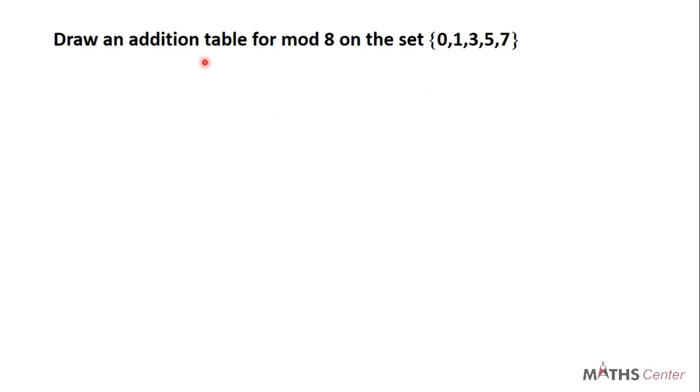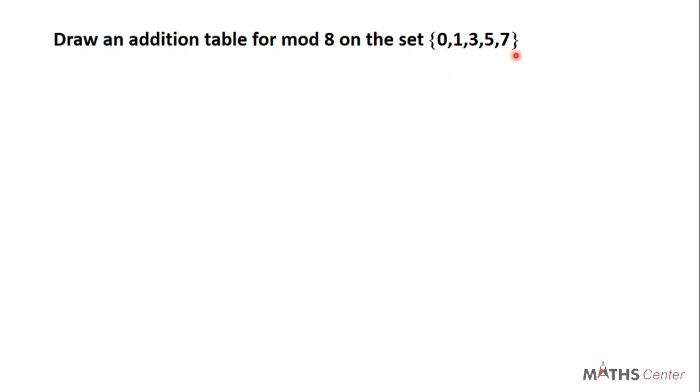Here, the question is asking us to draw an addition table for mode 8 on the set 0, 1, 3, 5, 7. So we are going to use the numbers 0, 1, 3, 5, 7 to draw the table.